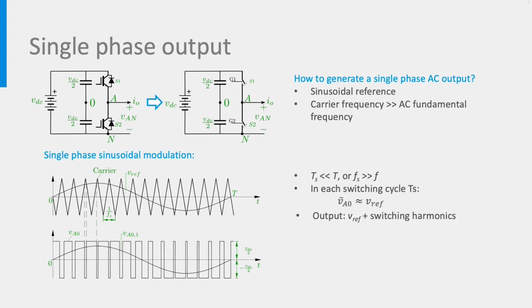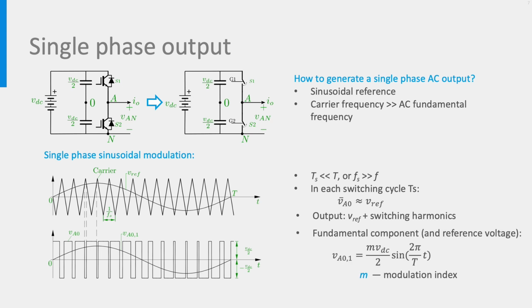The output voltage will not be a replica of the reference voltage, but contains harmonics caused by the direct switching. These harmonics will have limited impact because of the filtering of the inductive behavior of the electrical machine winding.